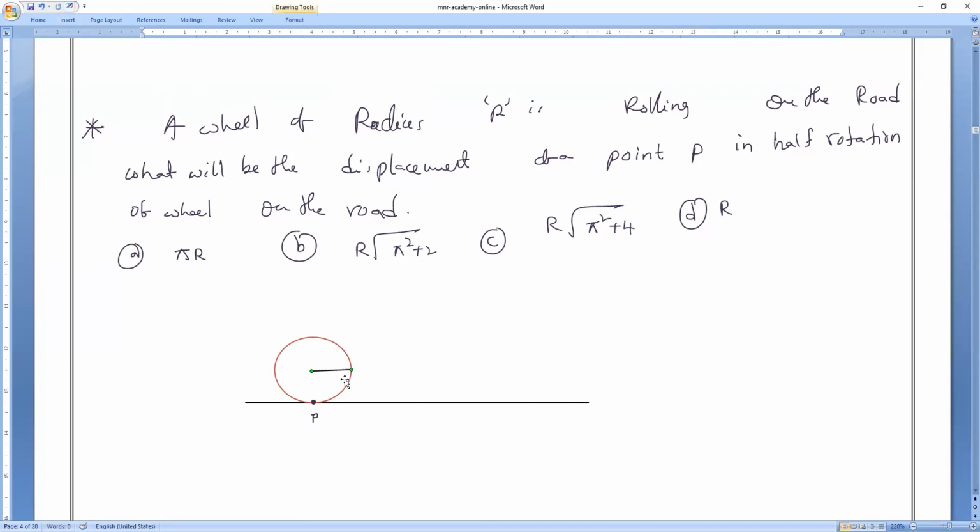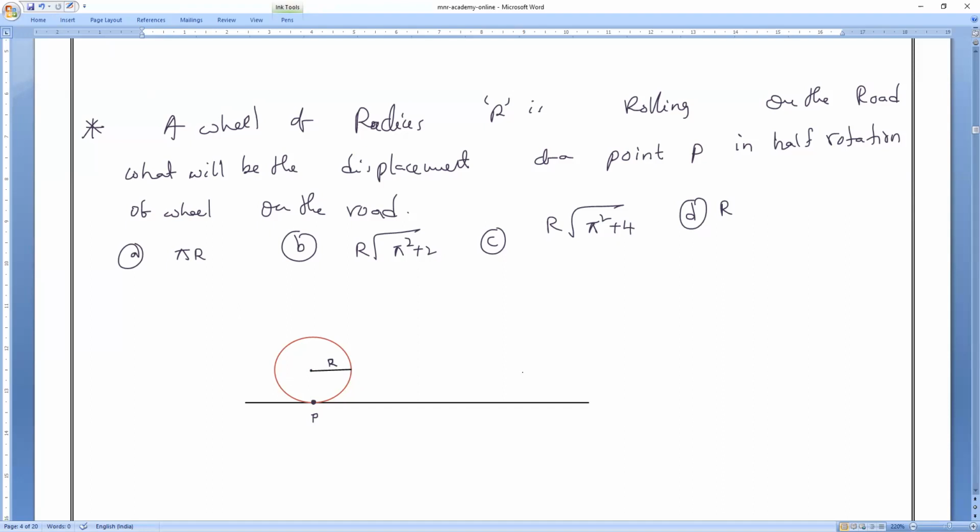Now, you tell me, after half rotation, where will P come to? They are asking, after half rotation, what is the displacement of P? Of course, the radius of the circle is r. After half rotation it will move forward, correct? It is not only rotating. The point P will go around and finally it will come up. Is it right or wrong?